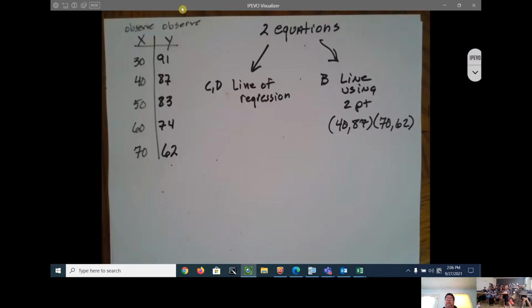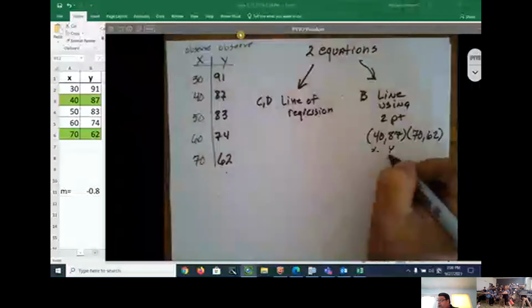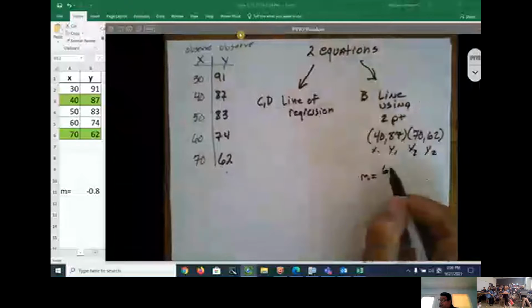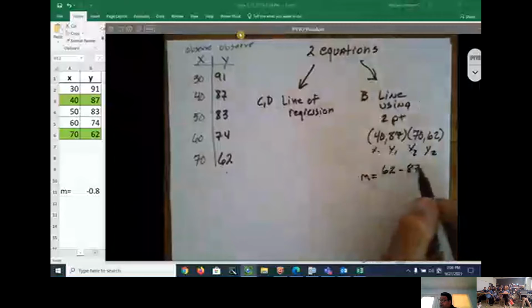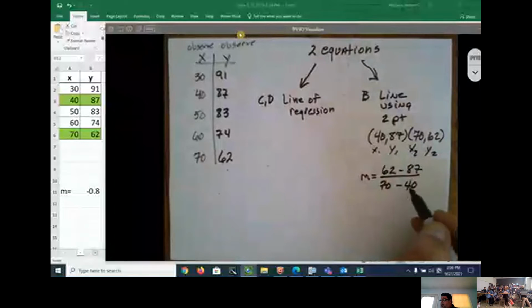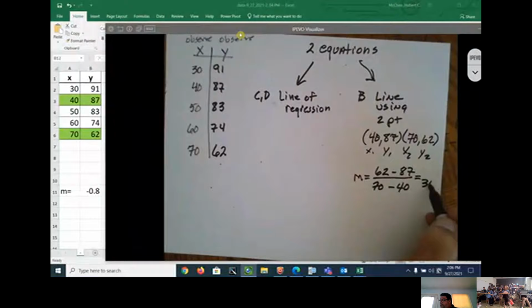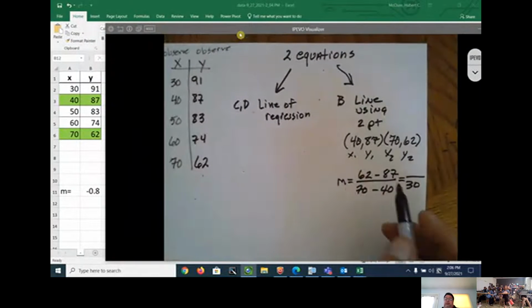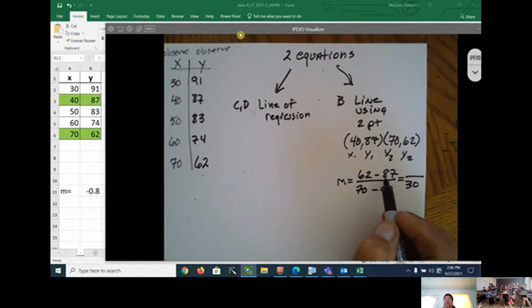And let's check it. This is x sub 1, y sub 1. This is x sub 2, y sub 2. So M is equal to 62 minus 87 divided by 70 minus 40. And 70 minus 40 is 30. And 87 minus 62 is 25.